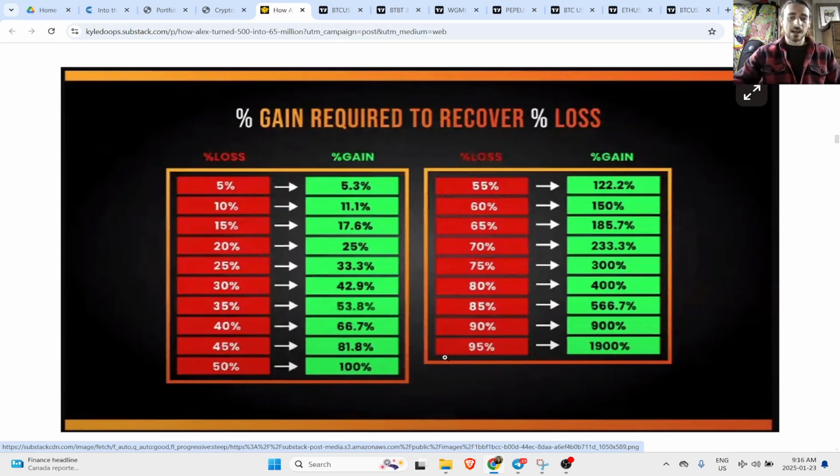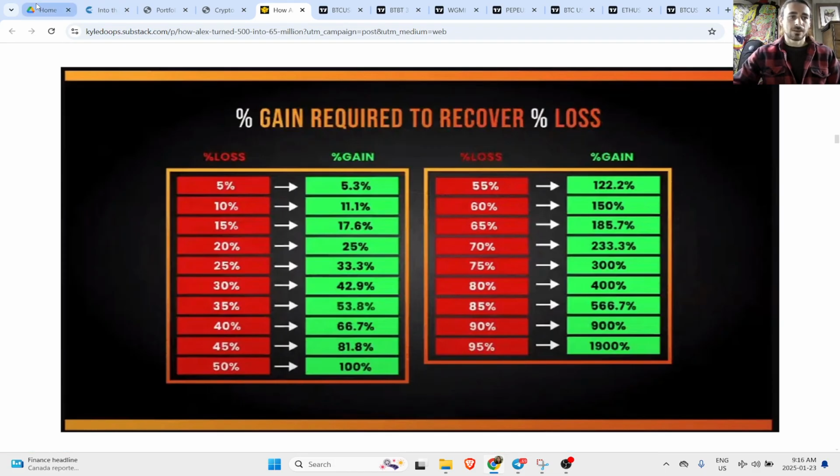In terms of spot accumulations, ideally the strategy that I'm teaching you today is to prevent us from buying into the highs and experiencing this kind of drawdown trap. But it's important to note that as the price of the asset goes down in a dip, it needs to go up more to get back to the same price. So something to keep in mind going forward.